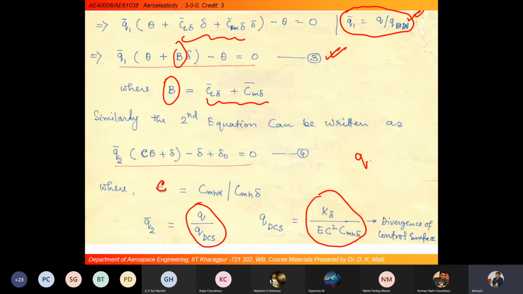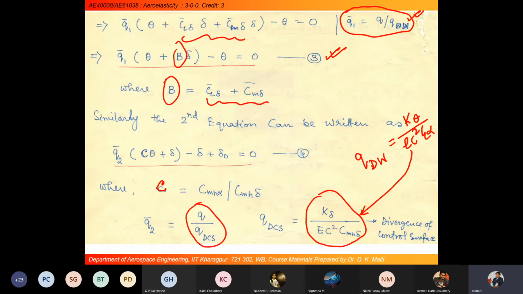If you look at QD wing, we got it as K theta by E c square Cl alpha. I am just equating in a similar form, expressing K delta in place of K theta, capital E c square, and in place of Cl alpha I have taken Cmh delta, because control surface deflection will be inducing the moment coefficient.